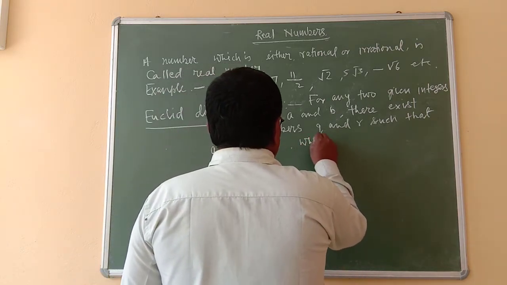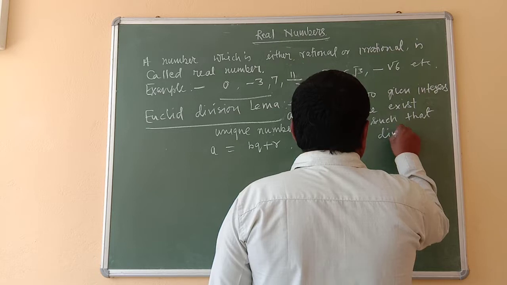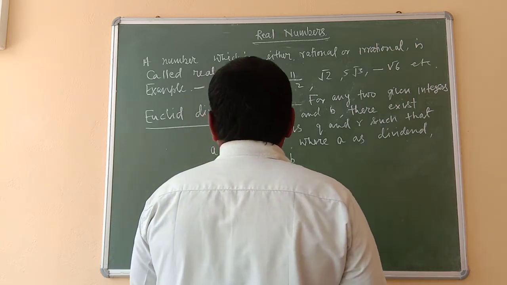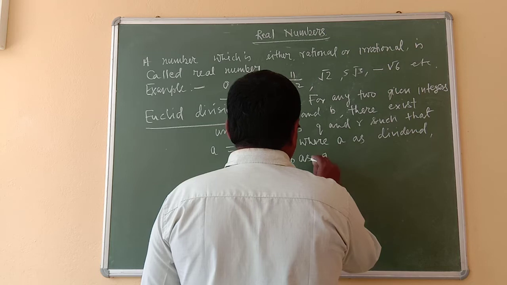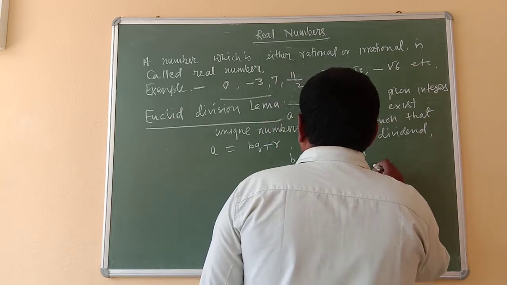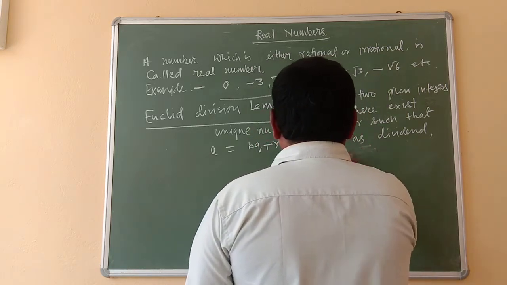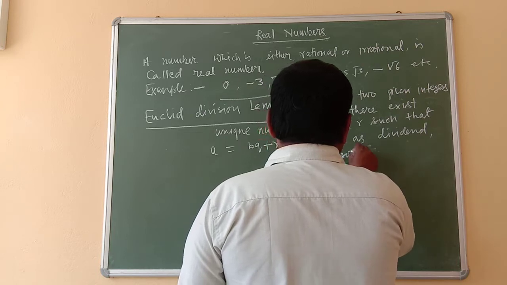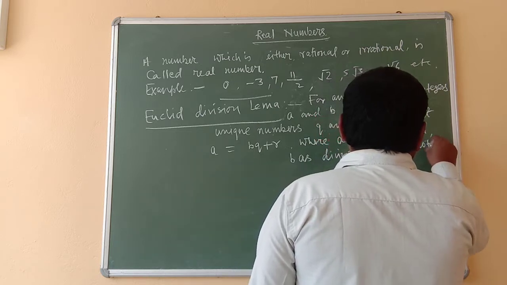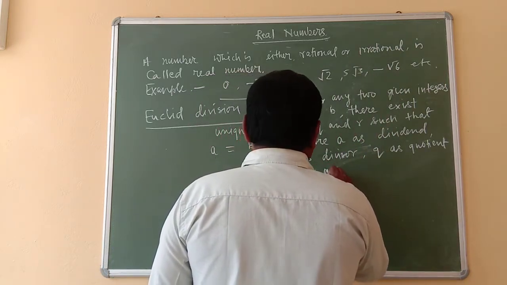where a is the dividend, b is the divisor, q is the quotient, and r is the remainder.